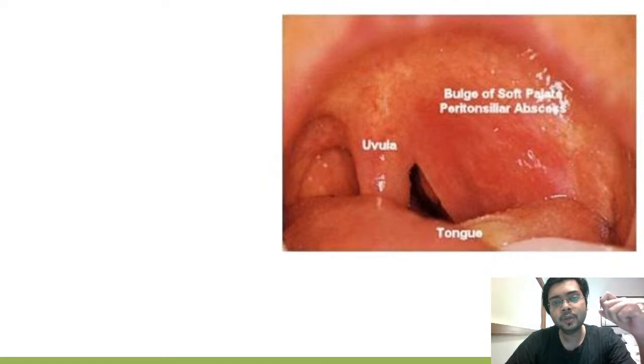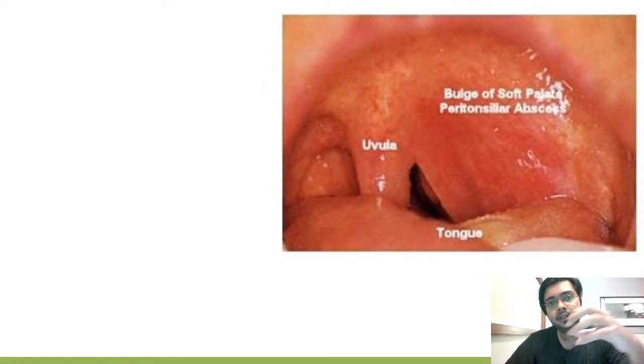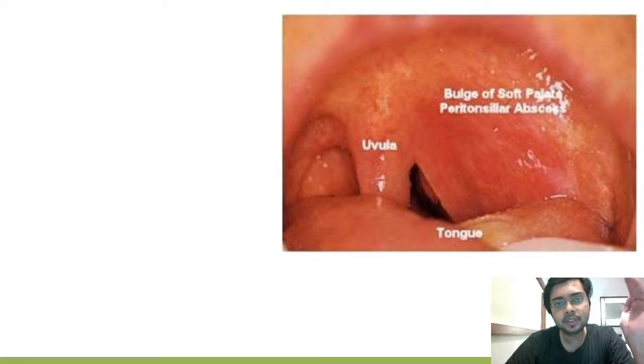Now how are you going to differentiate it from parapharyngeal abscess? Why is this not a parapharyngeal abscess? If I ask you this straightforward question, will you be able to tell me why it is not a parapharyngeal abscess but a peritonsillar abscess? In both scenarios, you will get the tonsils pushed medially, that is towards the midline.